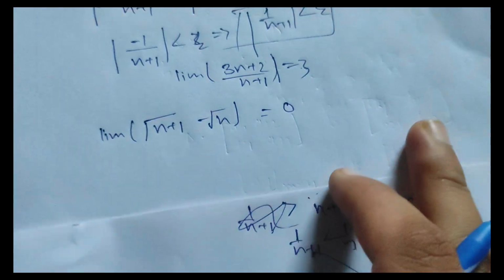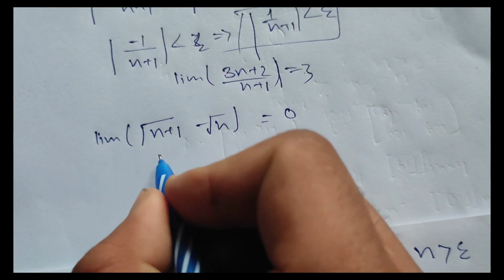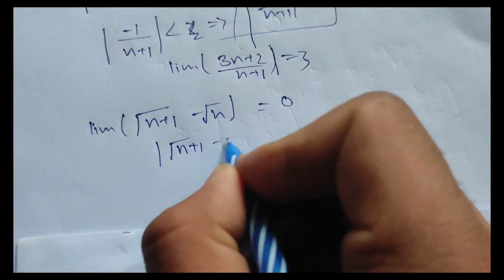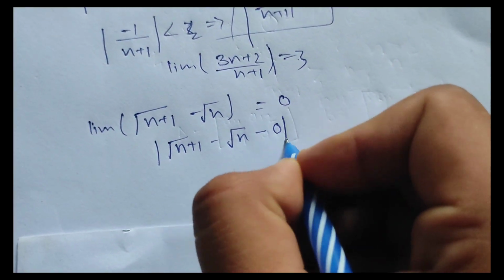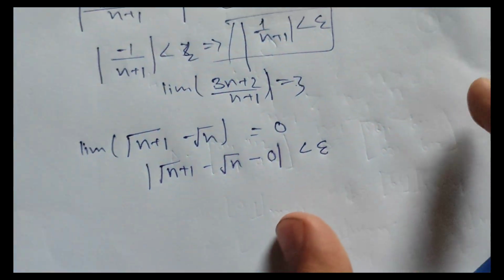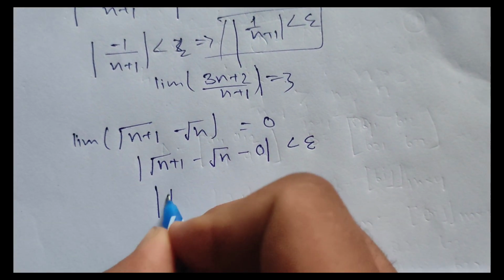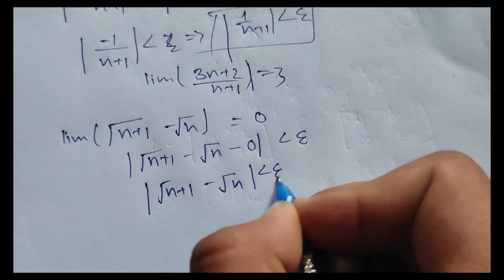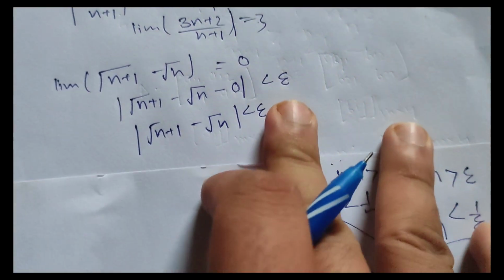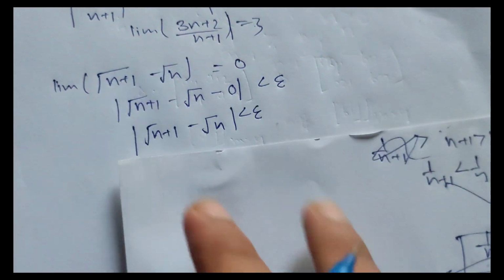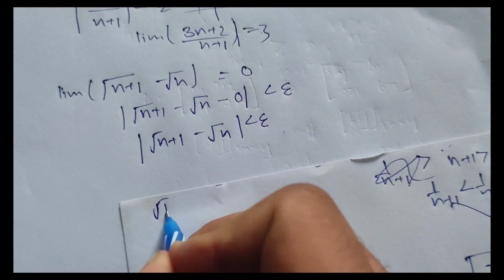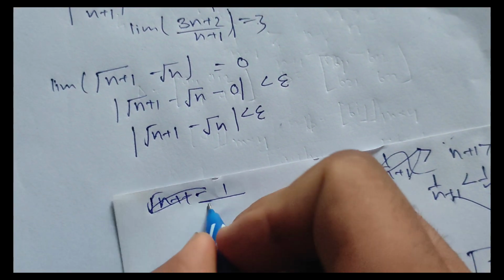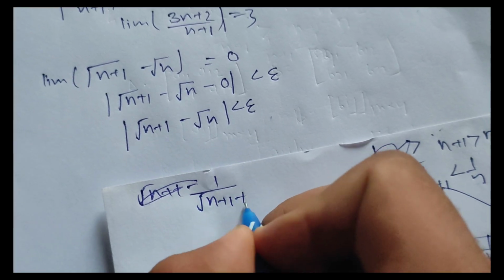Okay, we use the same definitions, like the modulus, the final limit minus the initial limit, which was less than the small number. So let's see whether it is true or not. By rationalization, we can see that root(n+1) minus root n basically becomes 1 upon root(n+1) plus root n.